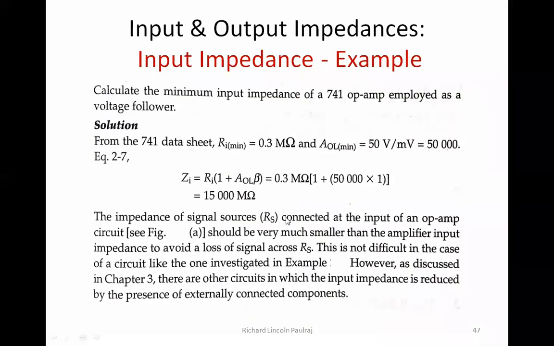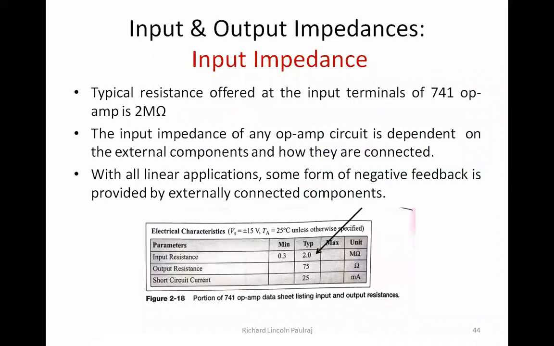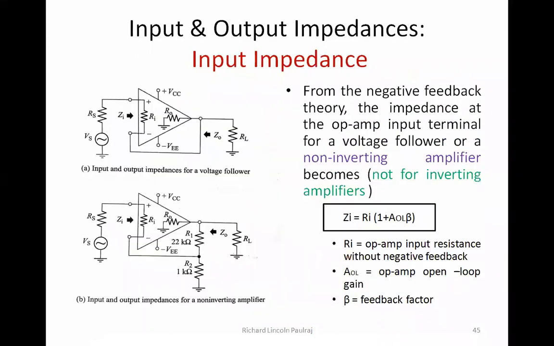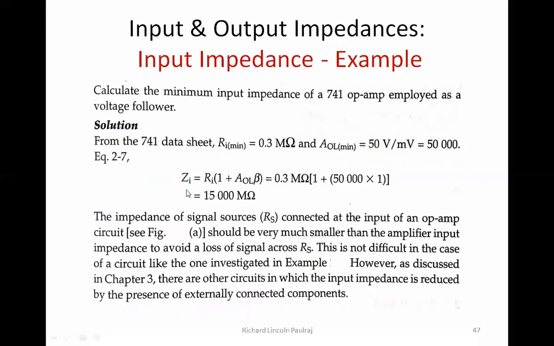So I hope you have understood what is input impedance and what is output impedance. In input impedance, we have two types: the one with the inverting configuration and the one with the non-inverting configuration. The formula changes for the non-inverting and the inverting types. So these values are to be known in order to solve the problems.